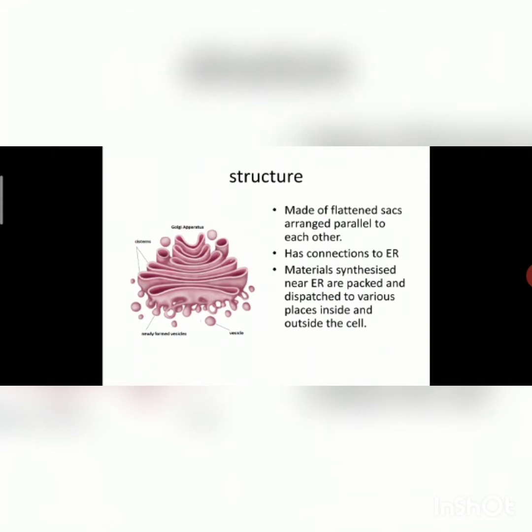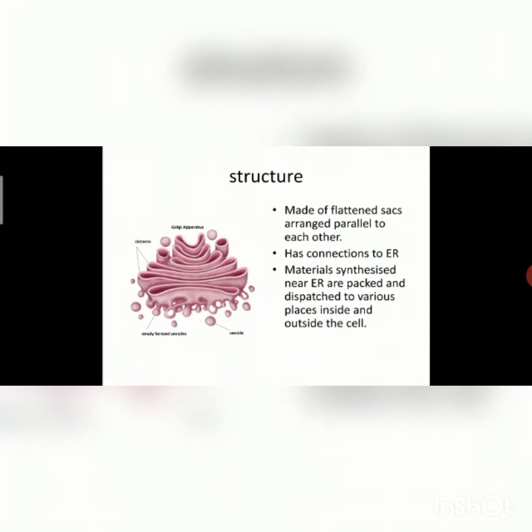Then I told you another important point, that it is connected to the endoplasmic reticulum. Now what is the function of the endoplasmic reticulum? As I told you in the last class, there are two types of endoplasmic reticulum, right? The smooth endoplasmic reticulum and the rough endoplasmic reticulum. What are the functions of both of these?